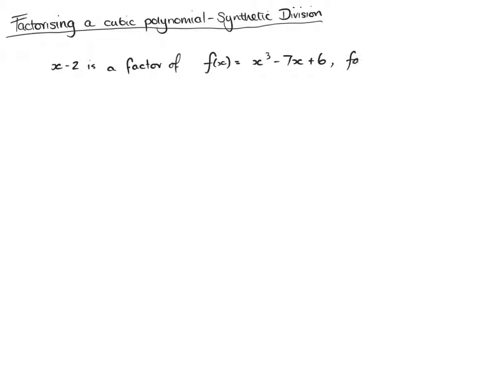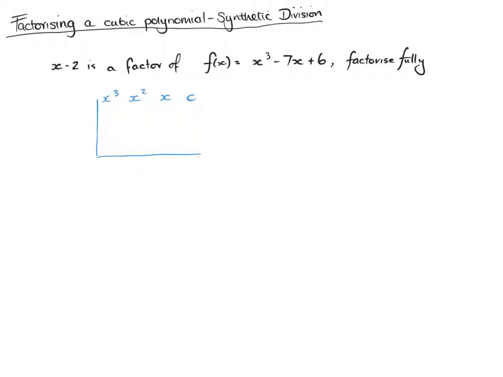So factorize fully. Right, so we need to set up our synthetic division table. Okay, so we've got x cubed, we have x squared, we have x, and we have a constant.